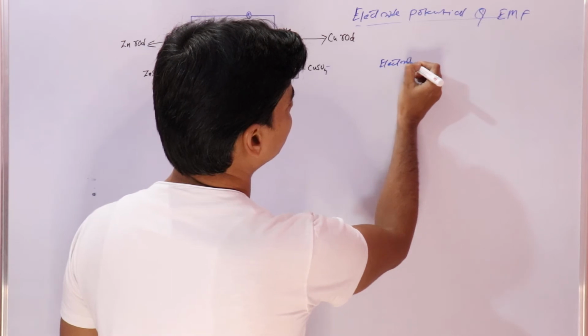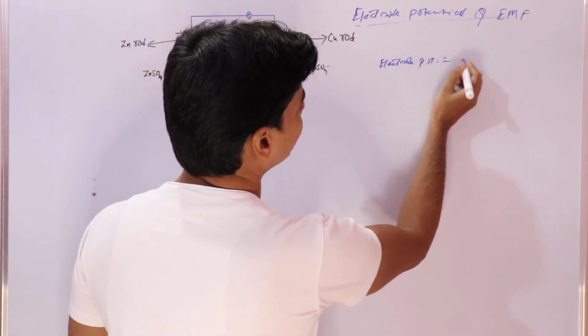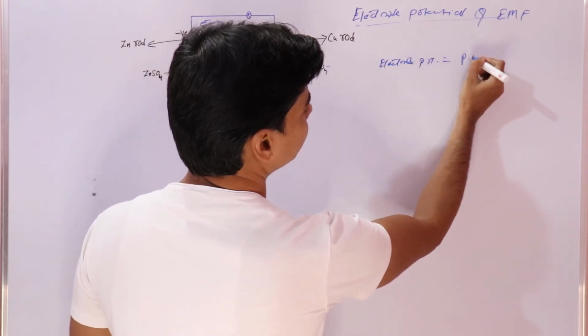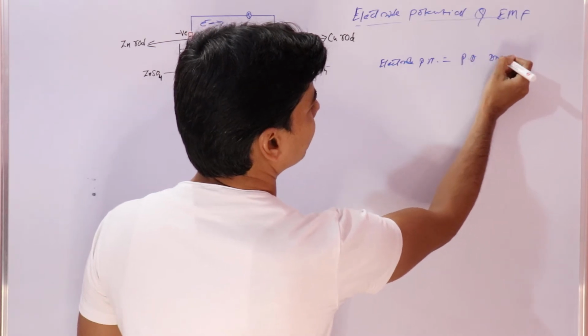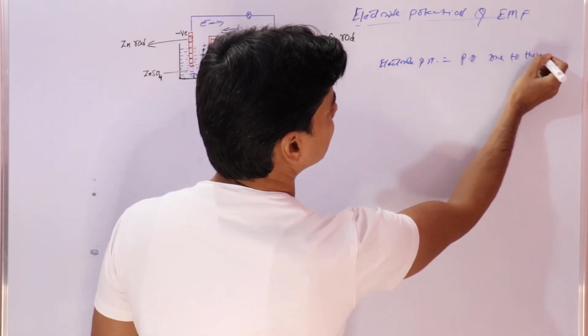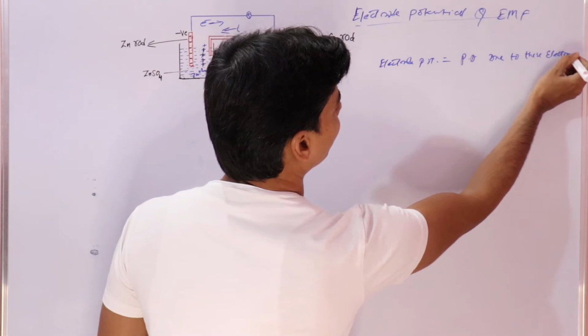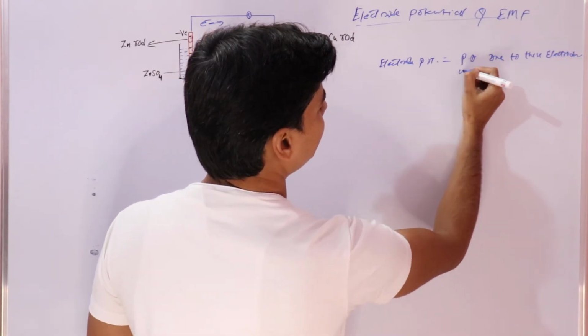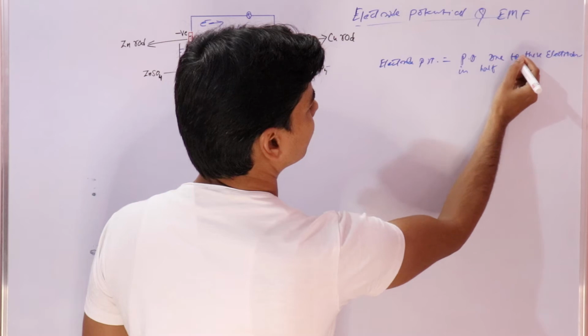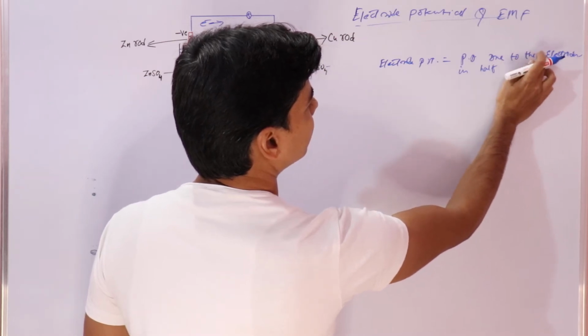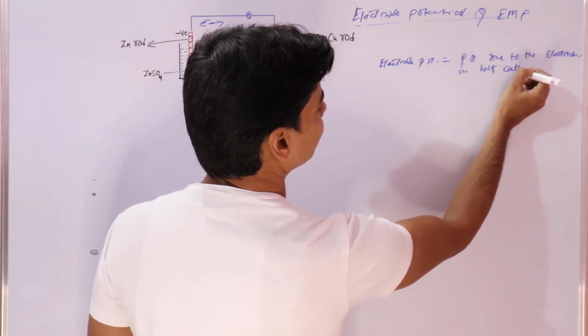Electrode potential is potential difference due to the electrodes in half cells, right?